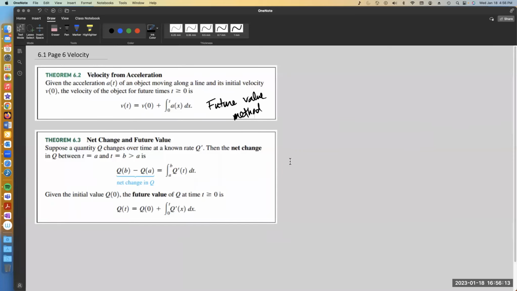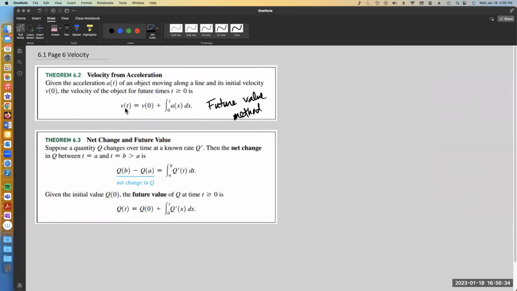And down here, all they do is generalize it to other, instead of just focusing on position or velocity or acceleration, this generalizes it to any sort of function. So the function could represent population or something like that.